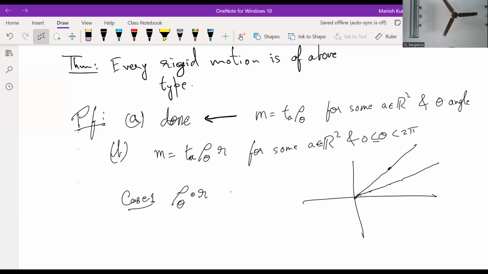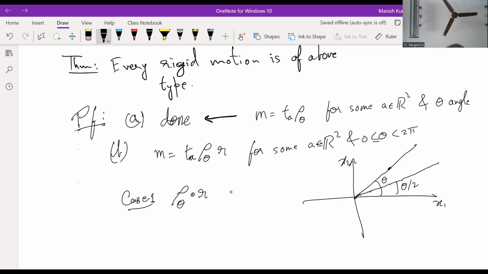Say this is your x1 axis, x1, x2, and let's say this is the angle theta. Let's say this is theta by 2, the bisector. If you reflect this line along the x1 axis and then rotate it by theta in the anti-clockwise direction, then you will get back to that same line.